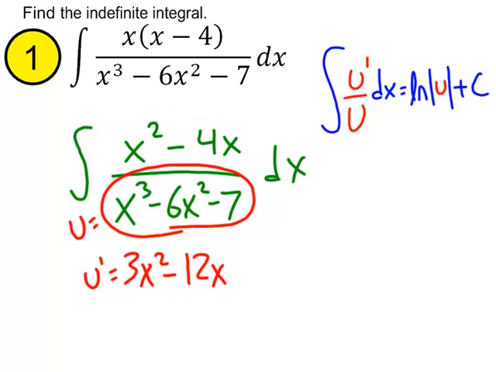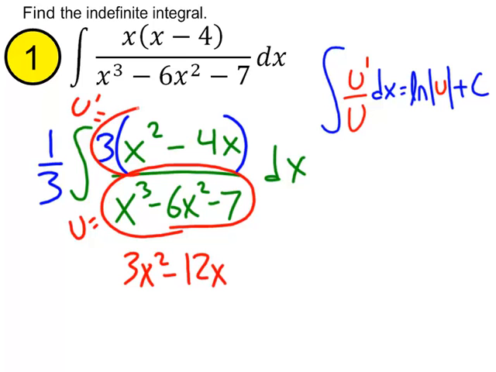So, since all we have to do is multiply this numerator by a constant in order to make it equal to the derivative of the denominator, let's go ahead and do that. Let's multiply that numerator times 3, and then to balance that out, we'll put the 1/3 on the outside. So again, we've just created a situation where the numerator now does equal the derivative of the denominator.